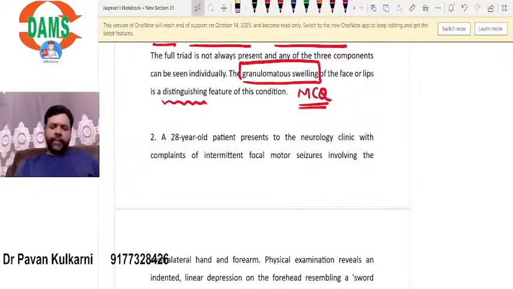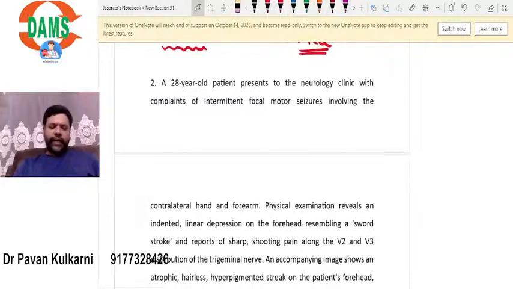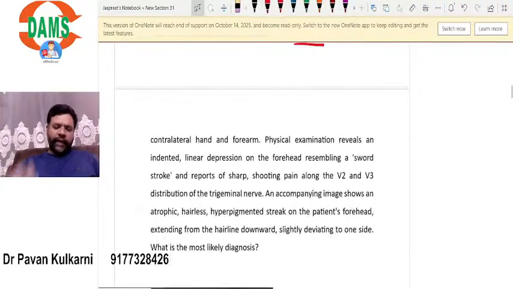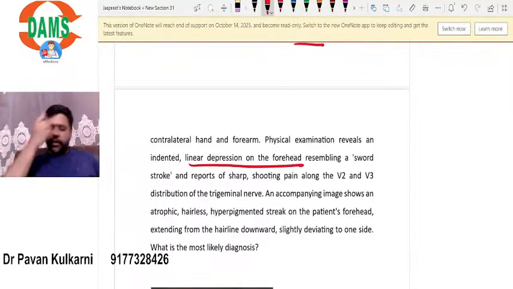A 28-year-old patient presents to a neurology clinic with a complaint of intermittent facial motor seizures, involving the contralateral hand and forearm. Physical examination reveals a linear depression on the forehead, like a sword basically, and the patient complains of pain along the trigeminal nerve.